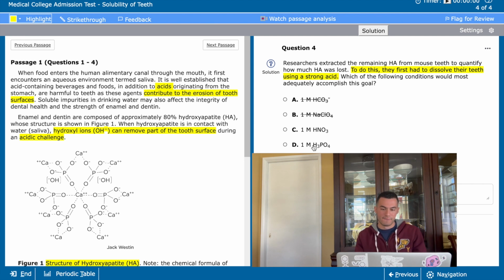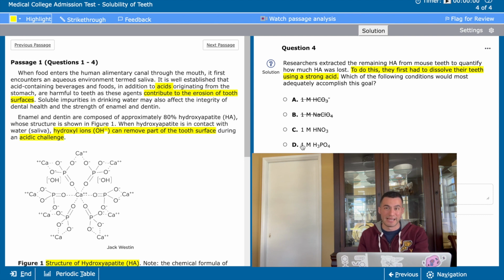D, phosphoric acid, H3PO4. While I like this answer, and it does have 3 protons, I will say that phosphoric acid is not a strong acid, and it's known for being a very weak acid. Even the first proton is a weak acid.